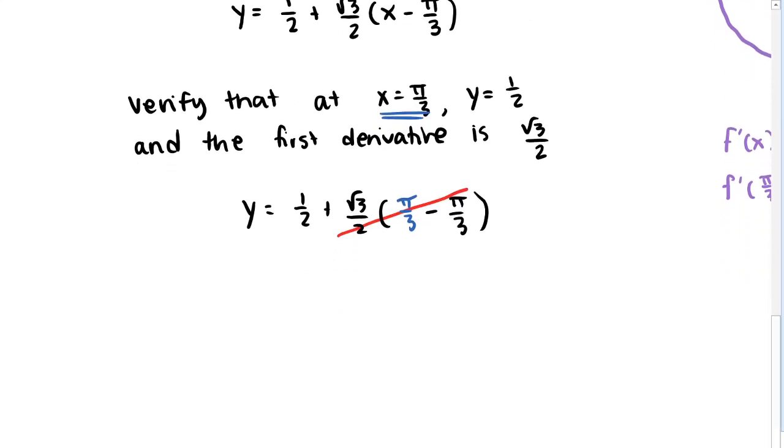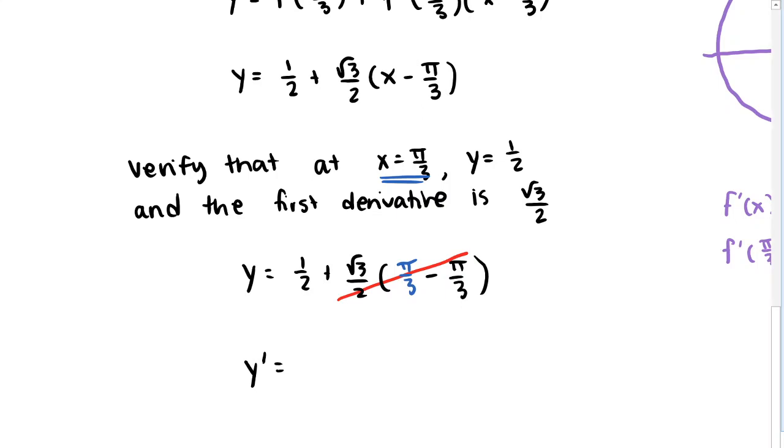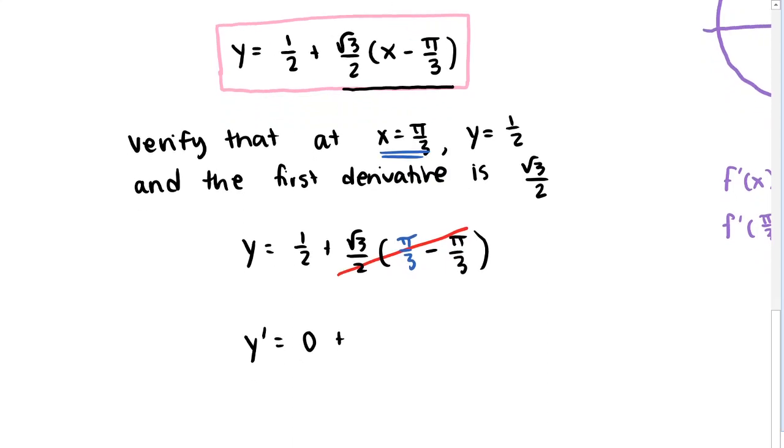And so what about the first derivative? What does y prime look like? Well, if we look at the equation of our tangent line here, taking the derivative of that constant term gives us 0, plus, and then here, this is just a linear part of our equation. Maybe I'll multiply this out, right?